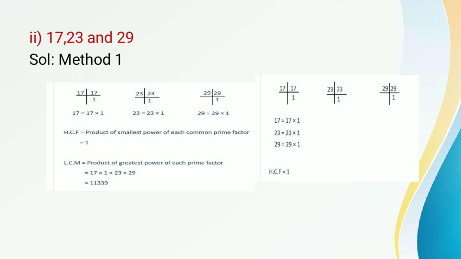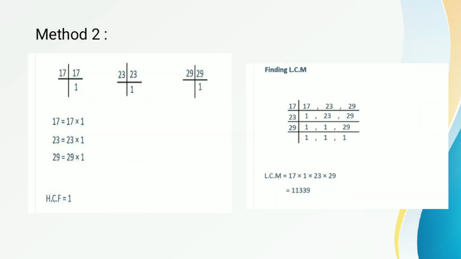Then coming to the HCF in the second method, we do the separate factorization method. 17 equal to 17 into 1, 23 equal to 23 into 1, 29 equal to 29 into 1. In all the three numbers, we have 1 as a common factor. So we consider the HCF as 1.